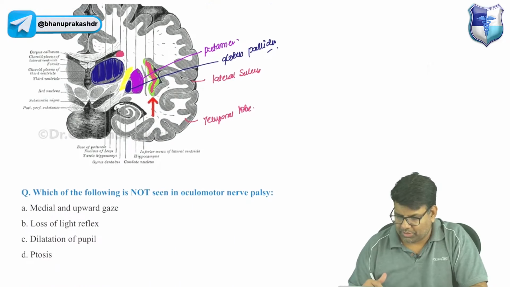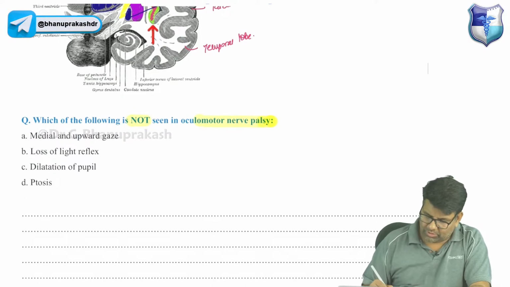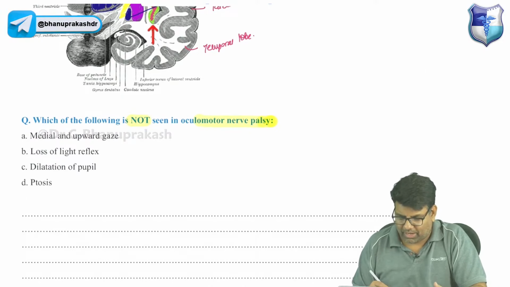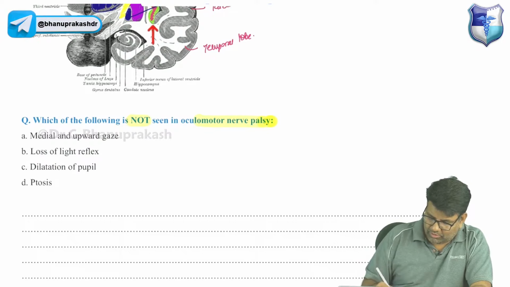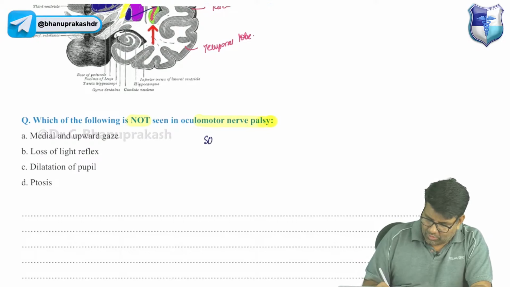Okay, please remember. Now, not a feature of oculomotor nerve palsy. Before this, you should know the muscles which are supplied by the oculomotor nerve. So there is a mnemonic for that: SO4 R6.